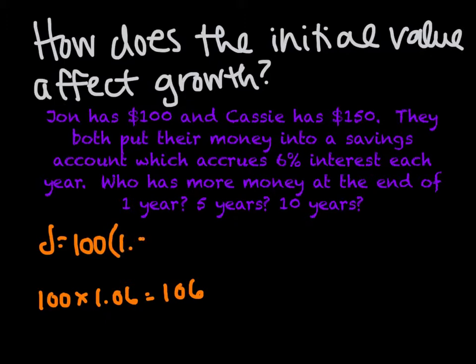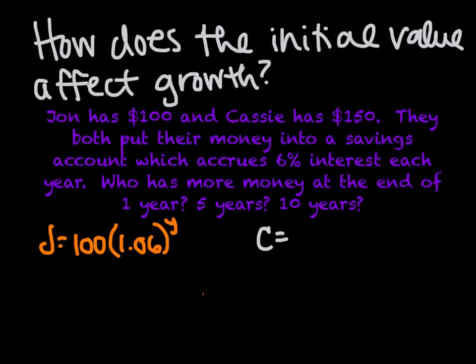Our growth factor we figured out is 1.06. The 1 indicates that we're always going to have that $100 accruing, and the 0.06 is that growth rate. And then that is to the y. I'm going to say y because it's years. Now I can erase everything else. So that's John's equation.